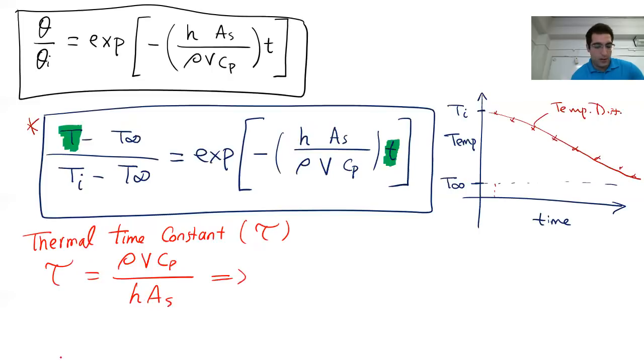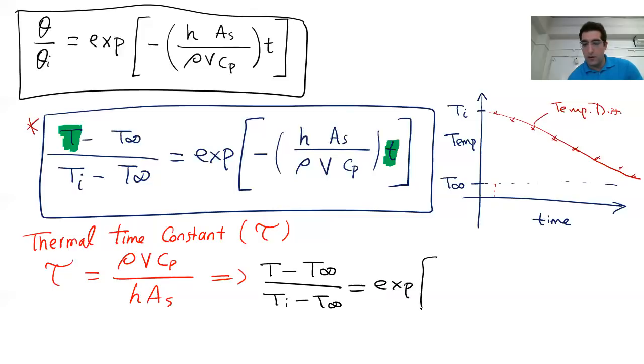So if I use the tau in the lumped capacitance equation, the star equation, I can show it as T minus T infinity divided by Ti minus T infinity equal to e to the power of minus t over tau.